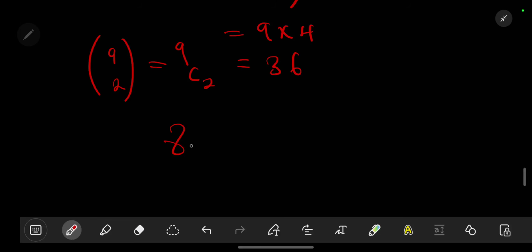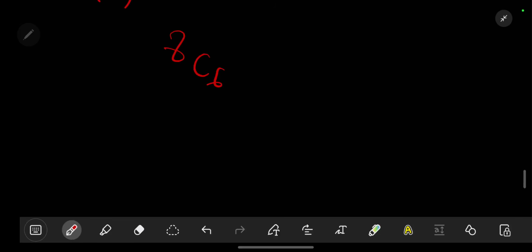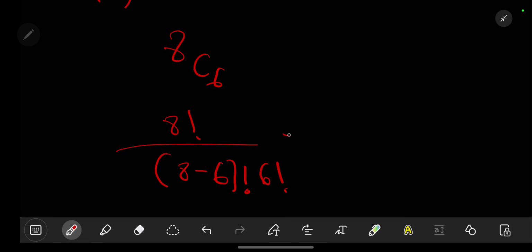Last but not the least, if we have 8 combination 6, we are going to have a value that is equivalent to 8 factorial over our 8 minus 6 factorial, then repeat the 6 factorial, which will give us a value of 8 factorial over 8 minus 6 is 2 factorial, then we have 6 factorial.